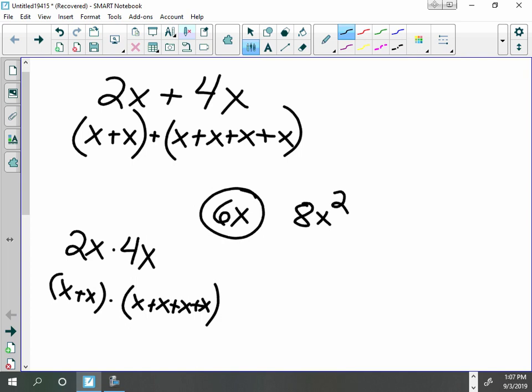So I have a bunch of 2 there, and I have a bunch of 4 there, and 2 times 4 is 8, but because it's multiplication, I'm building a rectangle, right? And I end up with 8x squared.